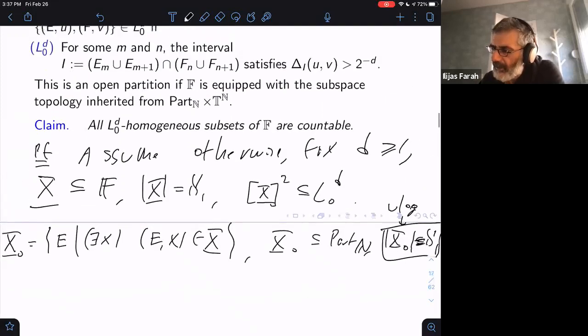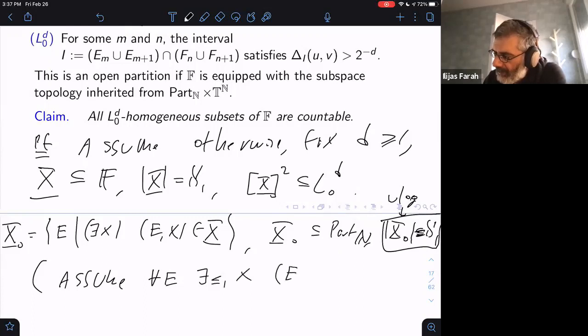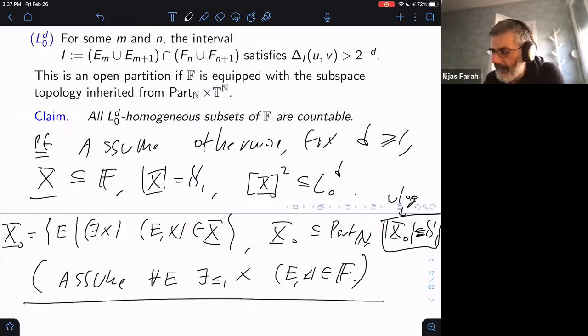All right, so basically to avoid wasting time on things, assume that for every E there exists at most one X such that EX belongs to F. We can assume this. Because for some stupid reason you could have an uncountable set of, yeah, okay, right, that's actually you can. So I'll have to assume this.